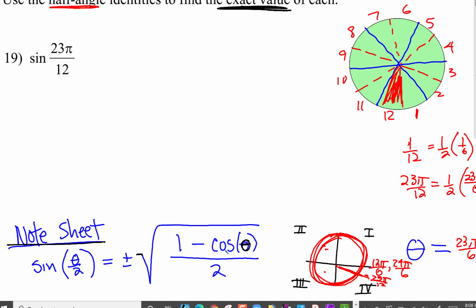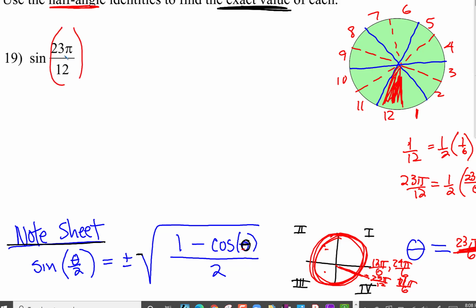So we have to find what theta we're talking about. We're talking about 23 pi 6. Well, that happens to be the same as, looks like, 11 pi 6, because it's down in this quadrant right here. So that's the theta that we're going to use when we plug it into there.